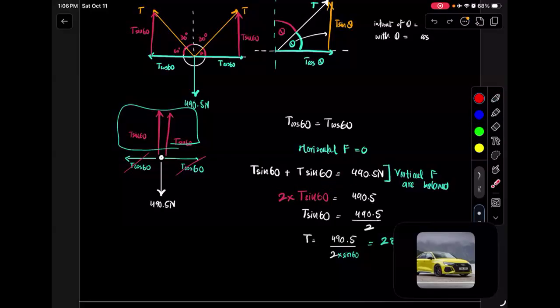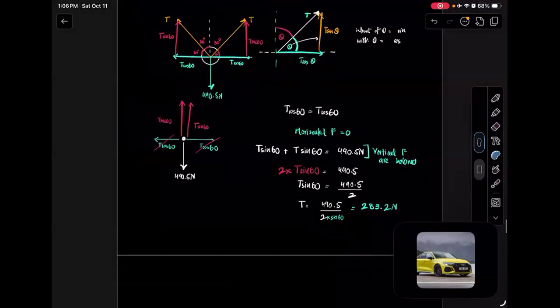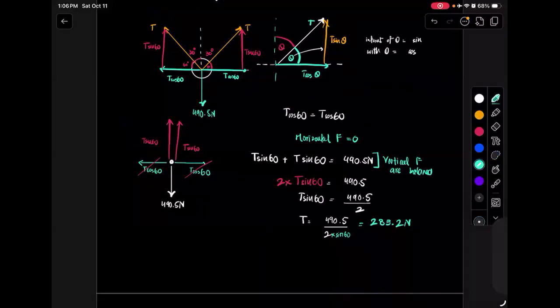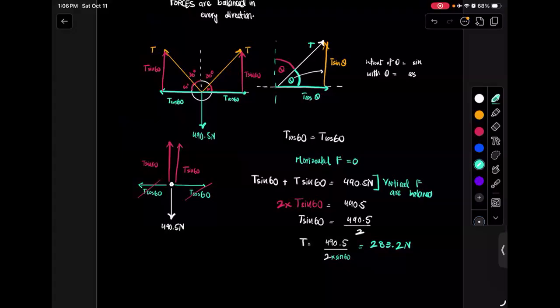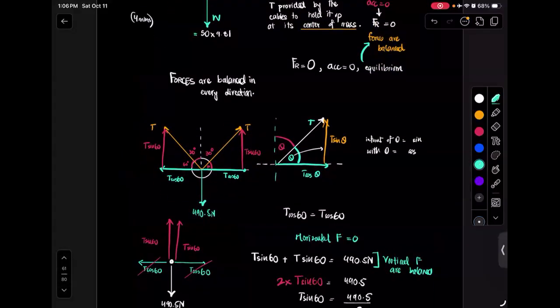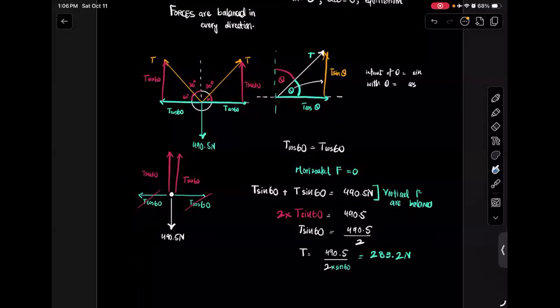Yes, Hania. And Kaima, did you get it? Were you able to understand what T is and how we found it out? Yes, sure. Can you do the question by yourself now if I give you a similar question? Yes, Kaima.